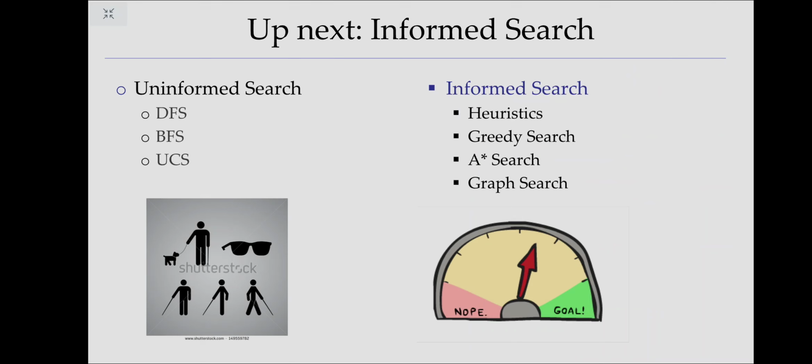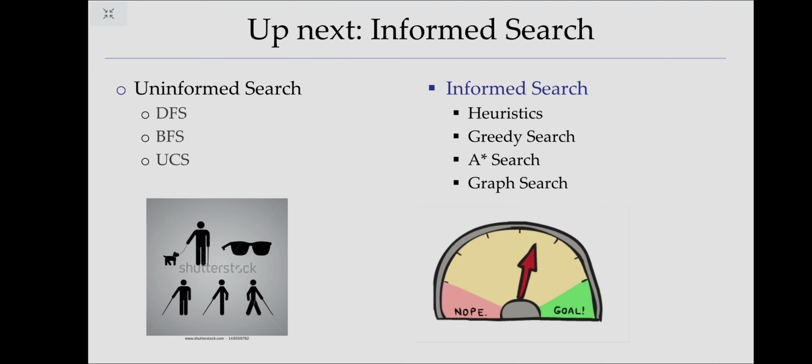Now we are ready to extend our searching algorithm to the informed search. In the informed search, at first, we try to define an estimation from the current node to the goal state. The name of this estimation is heuristic. Based on the heuristic, we define a greedy search algorithm.